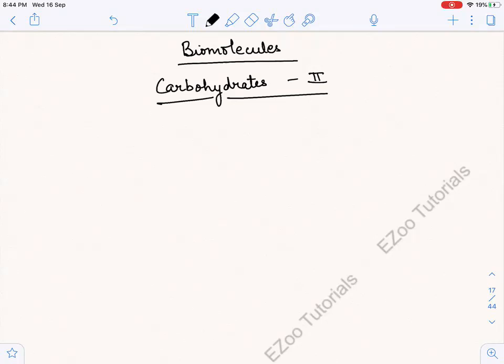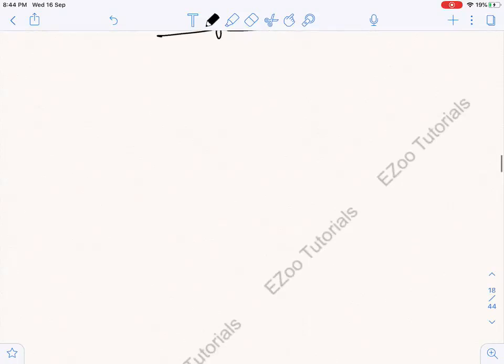So what is carbohydrate? Let's start with the very basic. What do carbohydrates contain? Carbohydrates contain carbon, hydrogen, oxygen in the molar ratio of 1:2:1. We have already done this. And what are carbohydrates? We have defined carbohydrates, right? So how had we defined?